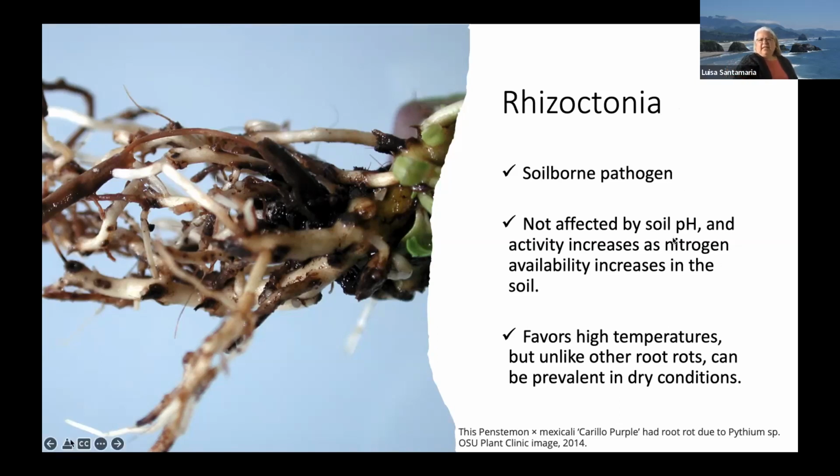Rhizoctonia is a fungus. It's not affected by pH and increases when we have too much nitrogen available in the soil. It grows really well with high temperatures. But this specific pathogen can also survive in dry conditions.